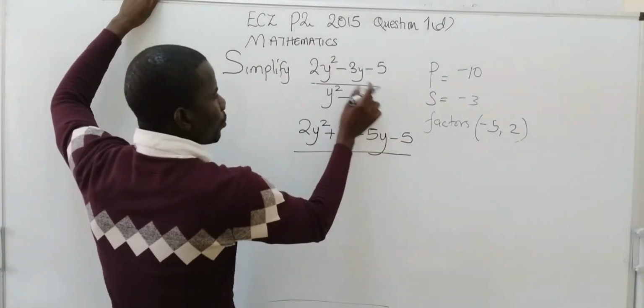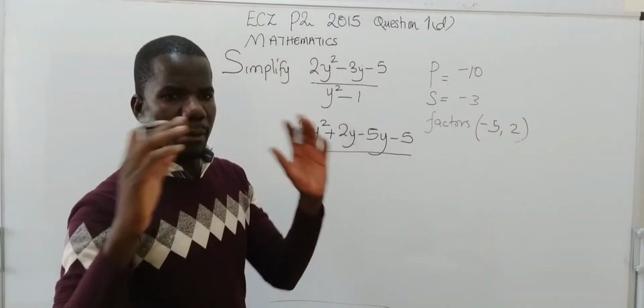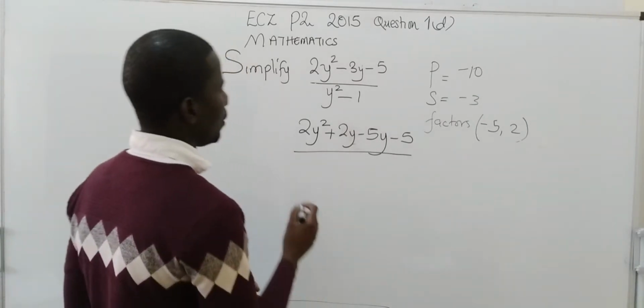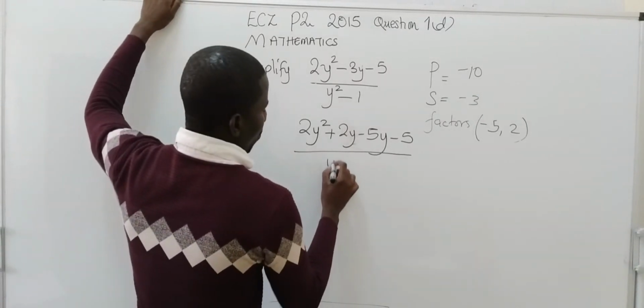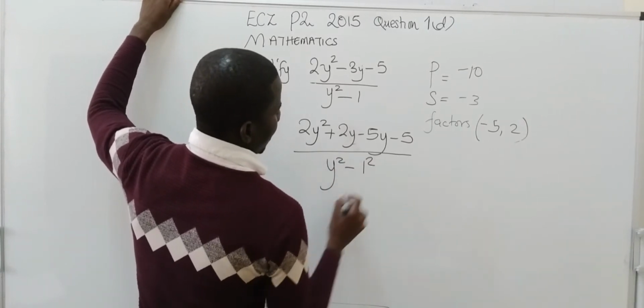Over, we can also rewrite this one in a way that leads to the process of factorizing it using a difference of two squares. So we can say y squared minus 1 squared.